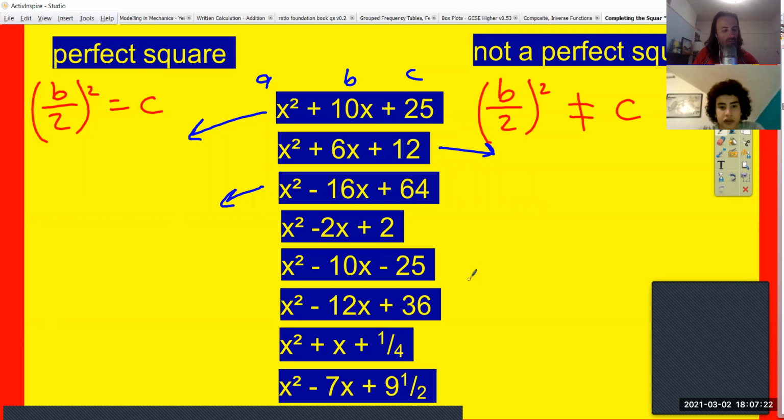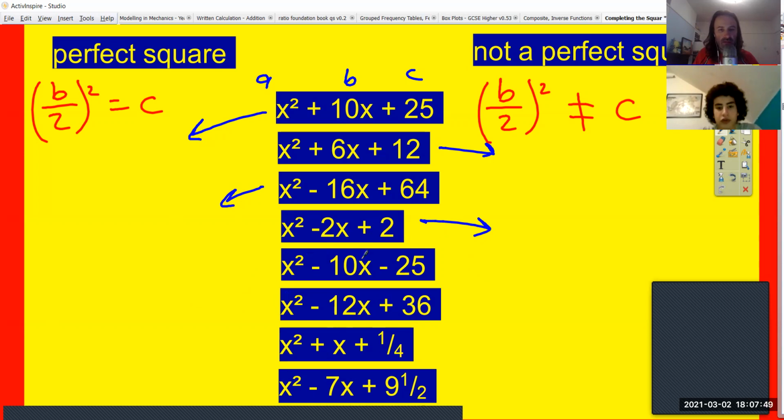Fourth one is a perfect square, or not a perfect square. 1 squared is 1. The fifth one, what's a negative squared? Positive 100.